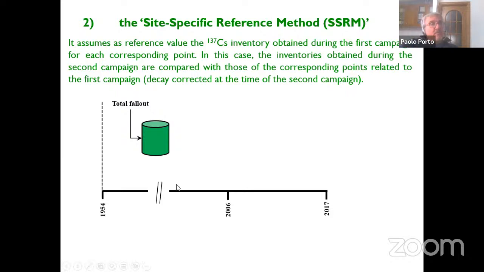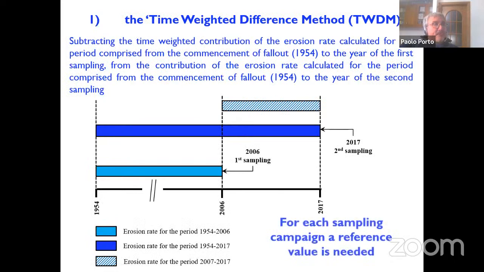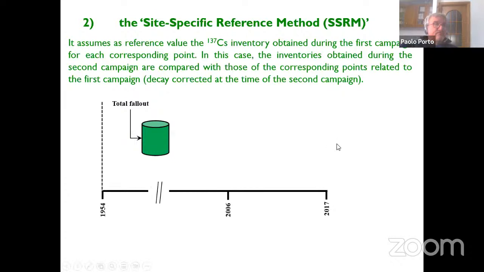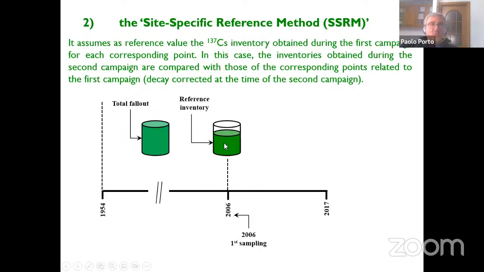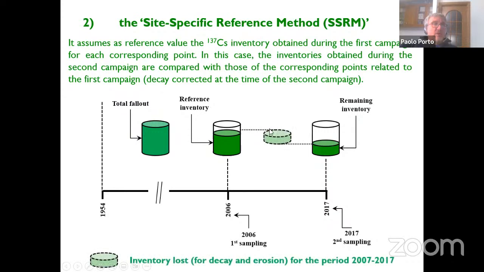In the first method, we used the traditional approach twice, and each traditional approach needed a value of the reference, okay? With this approach, we use as reference inventory the values that we collected on the first sampling campaign. So the amount of cesium lost during this period can be converted into a value of soil loss, okay? And this is another way to apply the resampling technique.